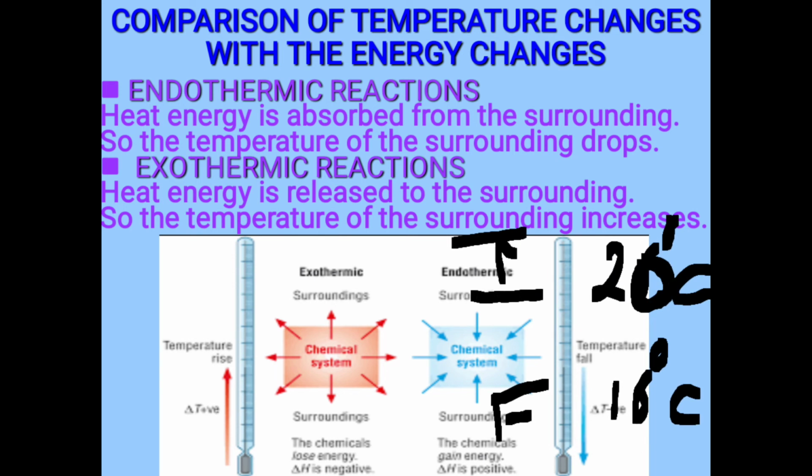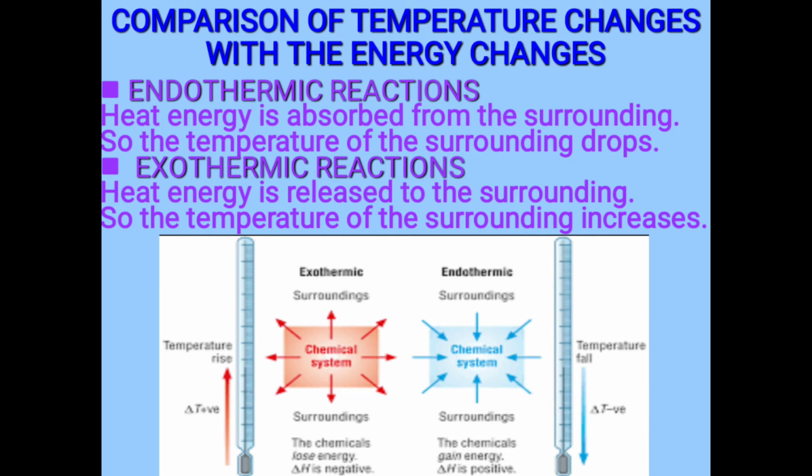If you want to get the temperature difference, we shall have to subtract the initial temperature from the final temperature. Our final temperature is 10. So if we get 10 minus 20, we are going to get negative 10. So temperature change, the ΔH, is going to be negative. Okay, let's continue.